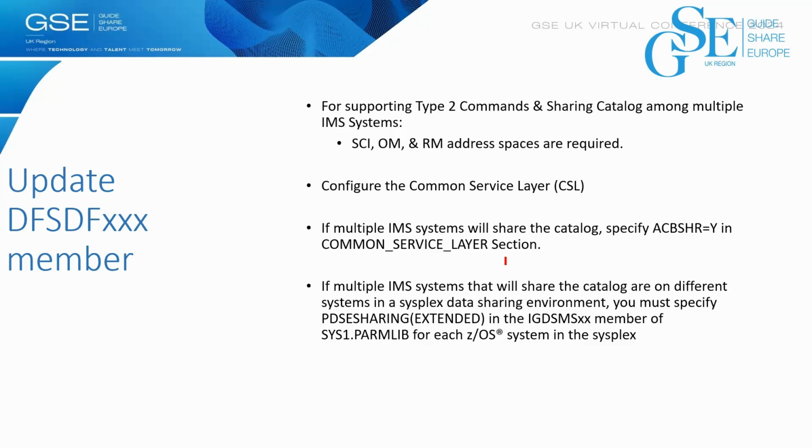That's when you also need to configure the Common Service Layer. If multiple IMS systems are supposed to share the catalog in the data sharing environment, you need to specify ACBSHARE=S in the Common Service Layer section of the DFSDF member.